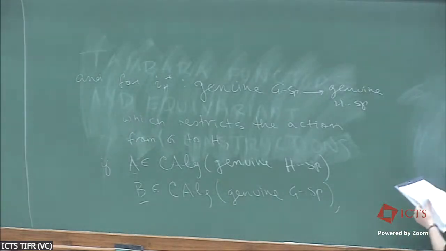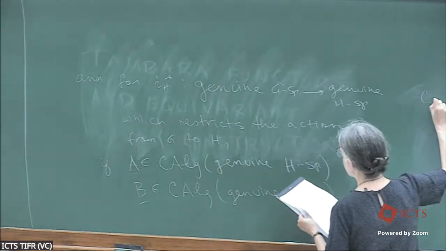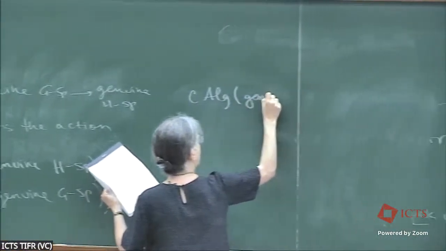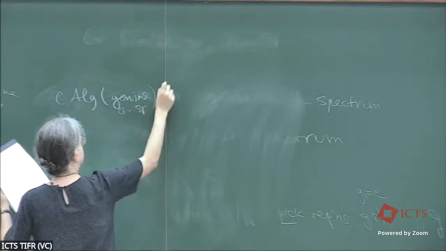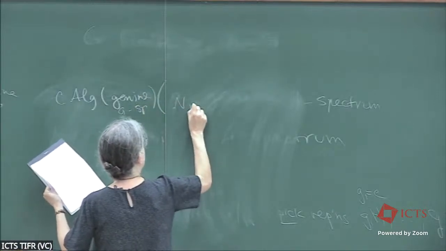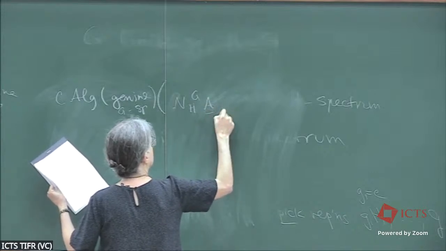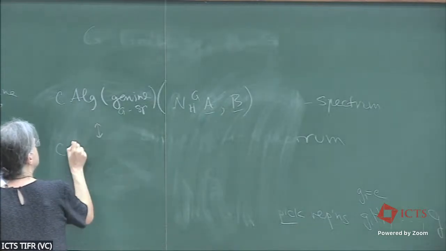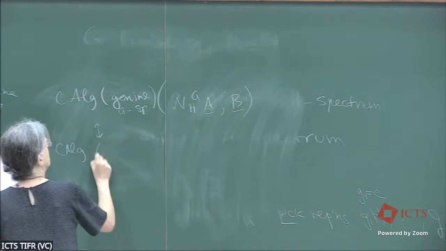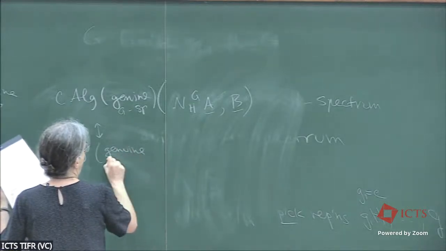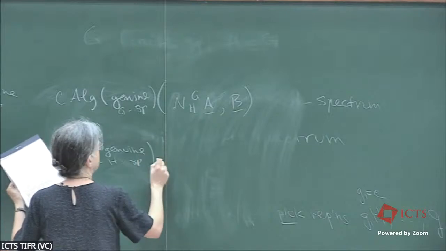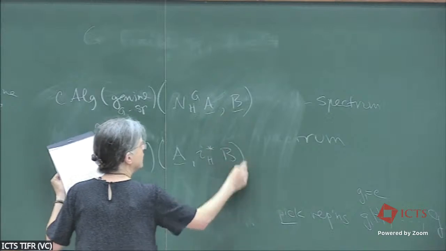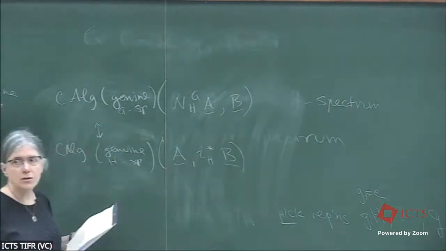We identify commutative algebras in genuine G spectra of N_H^G A to B with commutative algebras in genuine H spectra of A to i_H^* B. So it exists even if you don't have a product.